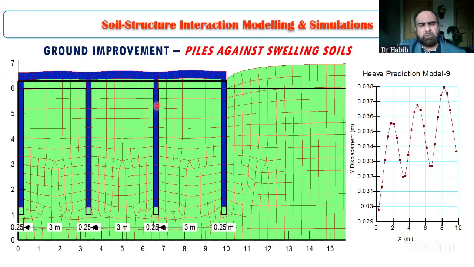These small diameter piles are called anchor piles because they act in tension. When the soil swells, it applies pressure on the raft, and the raft gets anchored into the soil with the help of these piles.